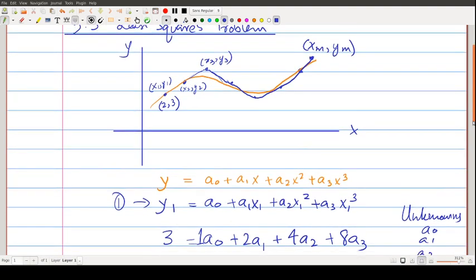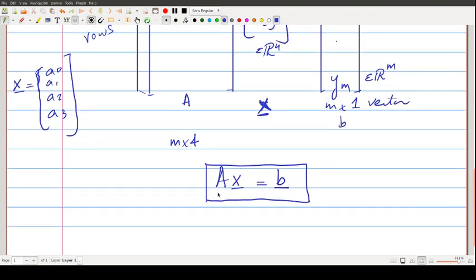In a data curve fitting or least squares problem, m is usually much greater than n. In other words, this is an overdetermined system, and that's the problem we want to solve.